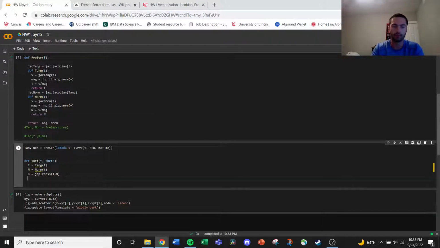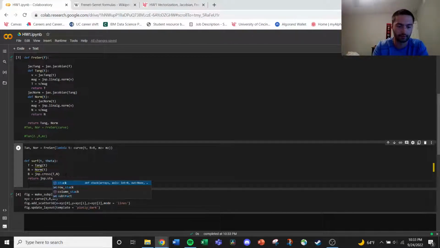Now we want to create the circle in our n and b axes. It's going to end up being the thing we want to return from this function. First we want to make our axes, so the first thing we'll do is jnp.stack.